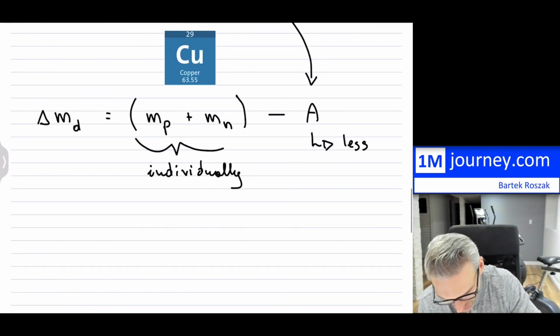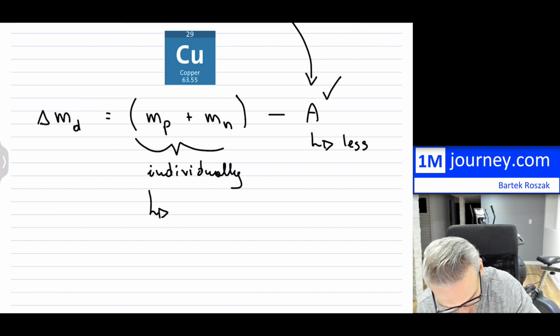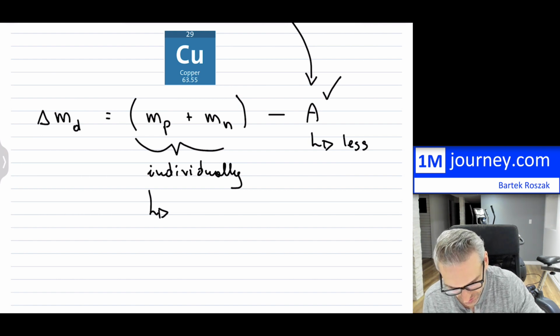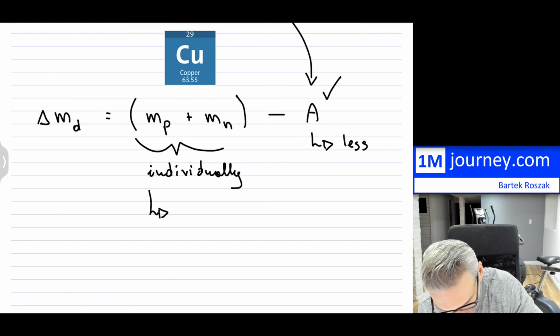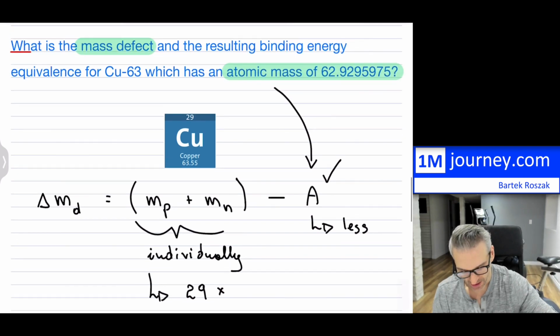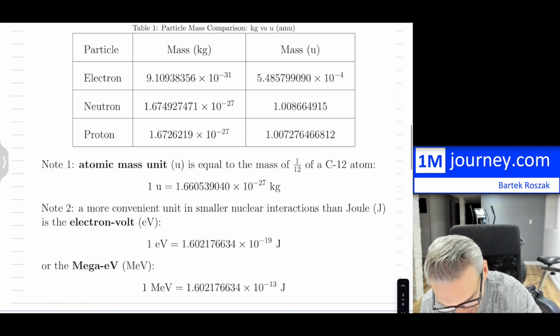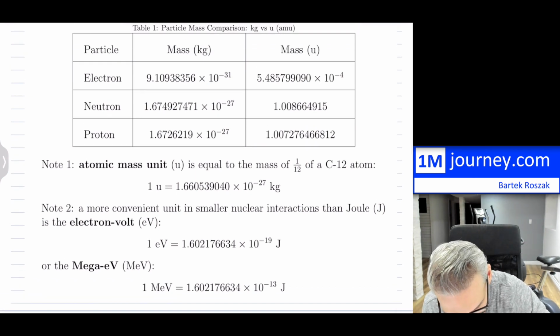So on the individual side, this is already given to us. Now we have to figure out what this is. Copper has 29 protons, so we multiply by the mass of each proton. Let me take a look in here. You can use as many significant figures as you like.